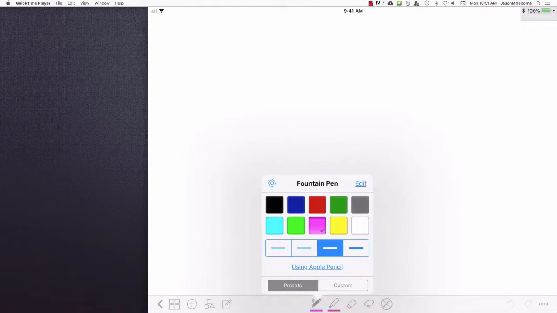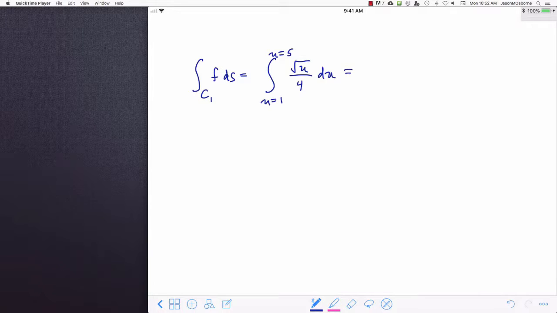So the integral along that first curve, f ds, turned out to be the integral from u equal to 1 to u equal to 5 of square root of u over 4 du. Square root of u is the same thing as u to the 1/2. Therefore, when you integrate it with respect to u, you will get u to the 3/2 divided by 2/3.